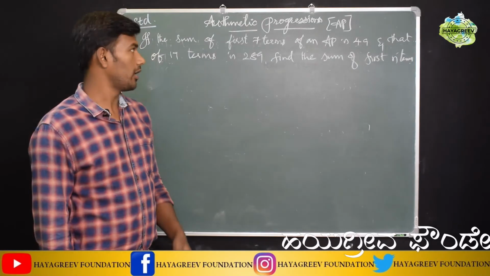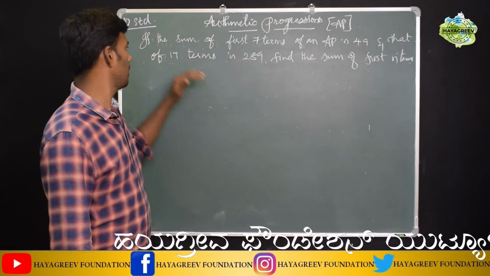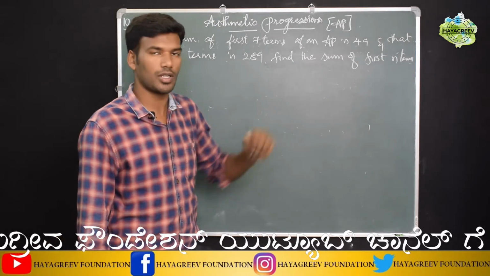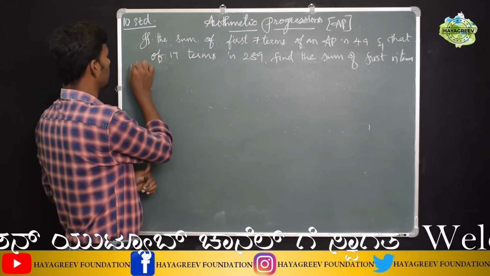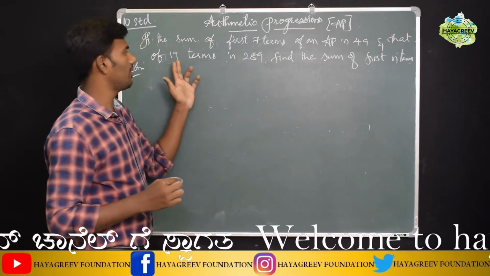So S51 is equal to 561. Next question is: if the sum of the first 7 terms of an AP is 49 and that of 17 terms is 289, find the sum of the first n terms. So here they have given us only two things, the sum of the first 7 terms and the sum of the first 17 terms.